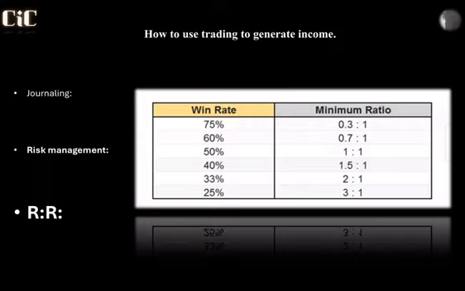But the reason I bring this up is for you to tickle your brain a bit, to give some food for thought. If you can make money and be profitable with a 25% win rate, which is a 75% loss rate, with a simple 1 to 3, imagine what you can do with a 50% win rate with the same 1 to 3 or a 60% win rate.